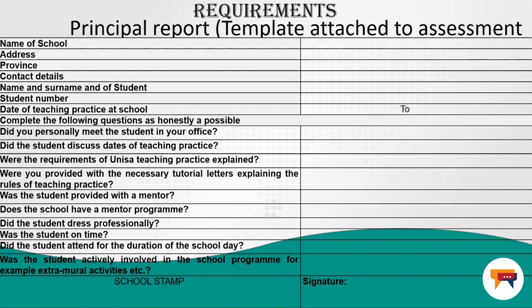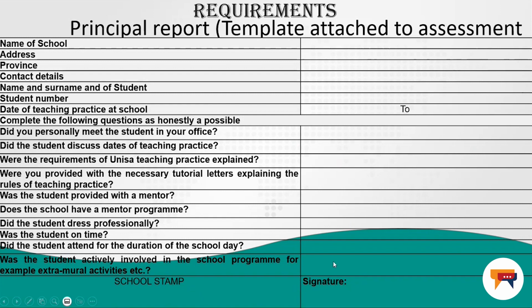Here are the details. I won't go through them. The name of the school, the first one is about the school. And then the second section, we say complete the following questions as honestly as possible. That's where you need to answer the questions, and it will differ from one student to another.